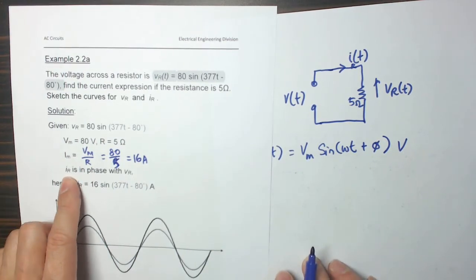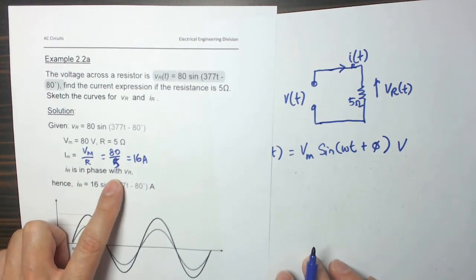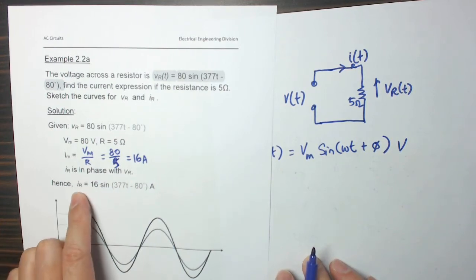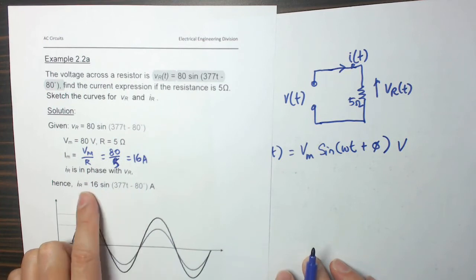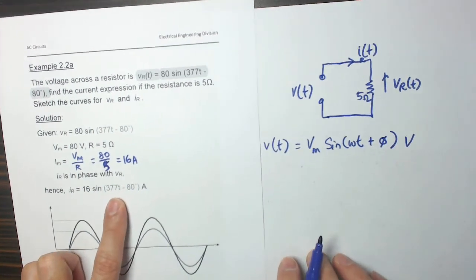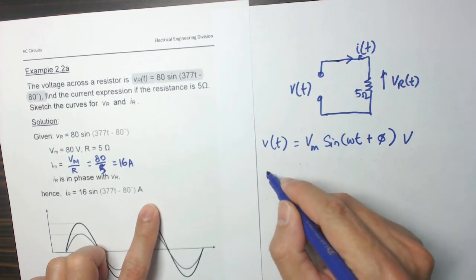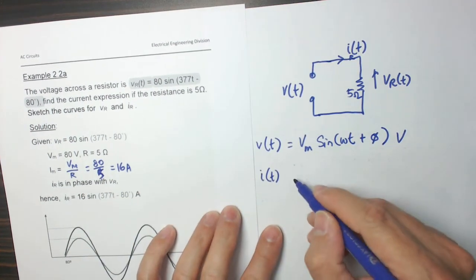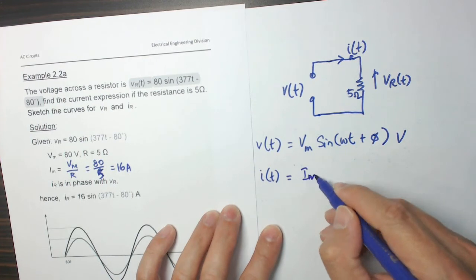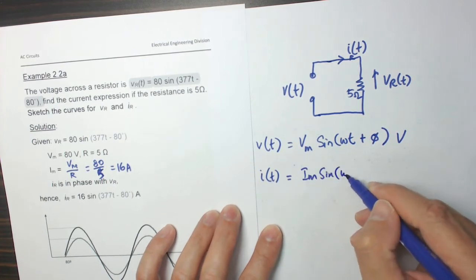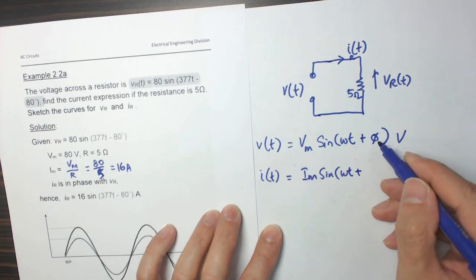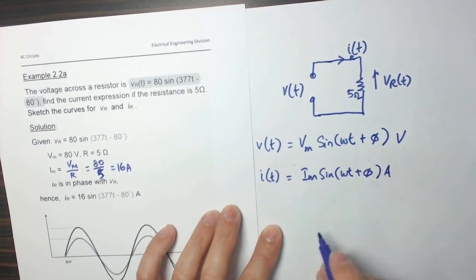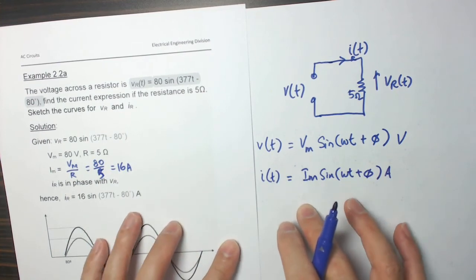Since we know that the current and the voltage through a resistor are in phase, we then can formulate the current waveform to be such. What does that mean? In other words, I'm using the standard waveform again. Current is given by I max sin(omega t plus the same angle), since there is no change in the frequency.